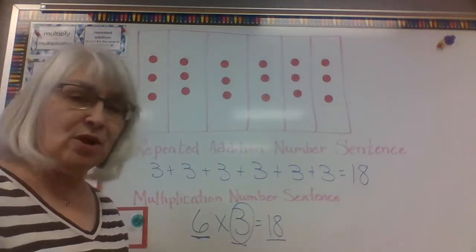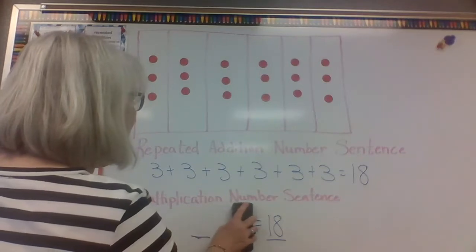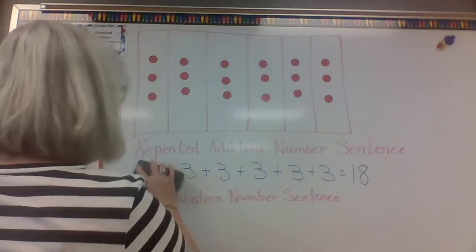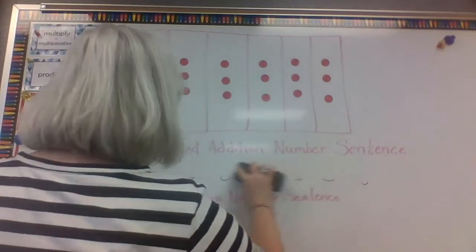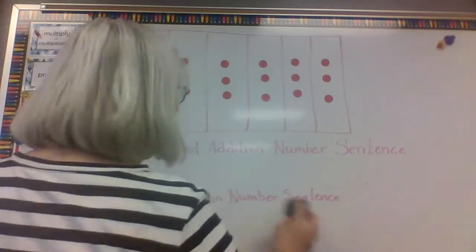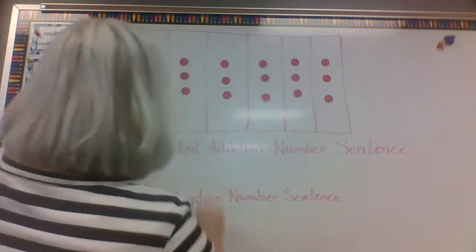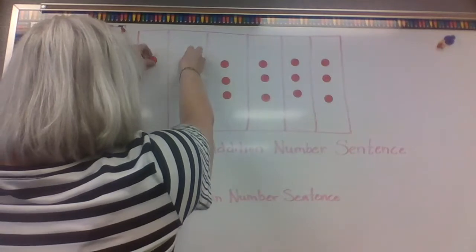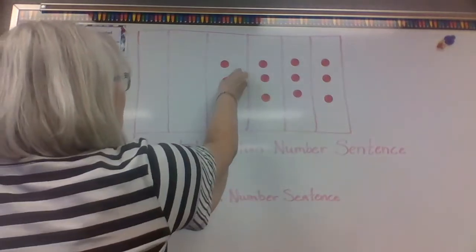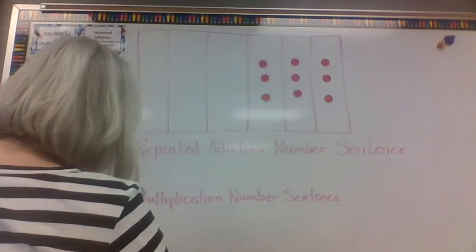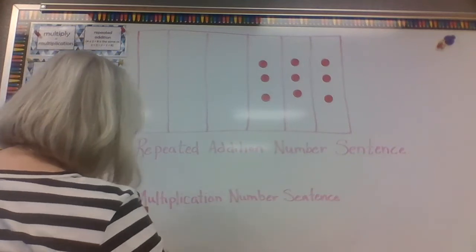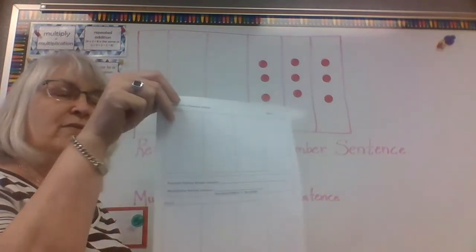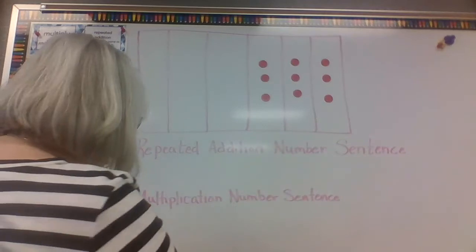Now I'm not going to do it on the paper with the red squares. I'm going to do it right here with you. So I need to take my counters off. And if you will look at the paper, you have 4 rectangles that we're using.